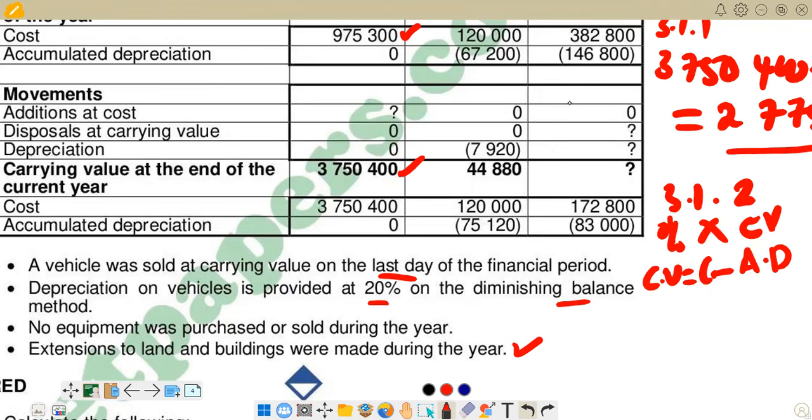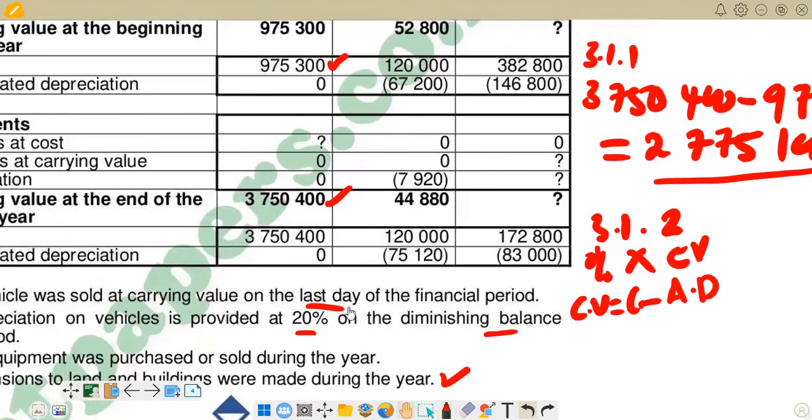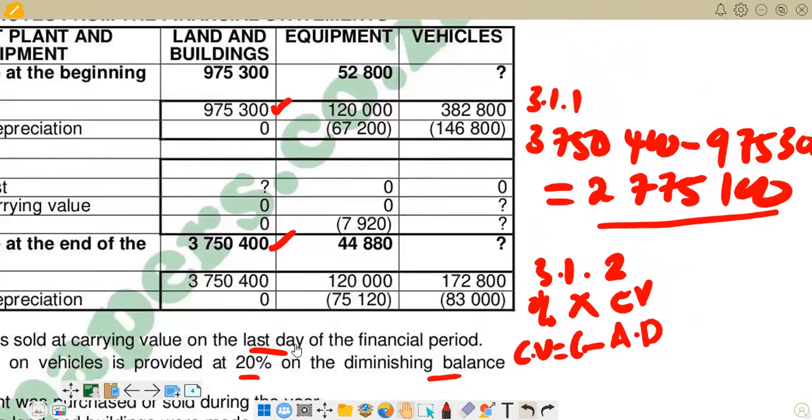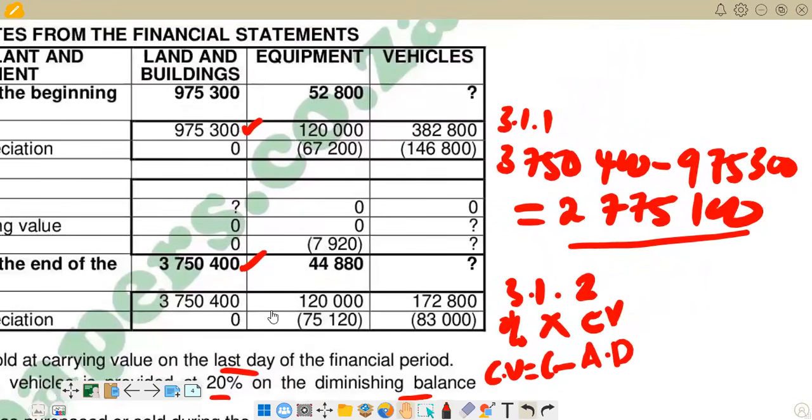So we are just going to use the figures that we are given there at the beginning. Because that non-current asset, the vehicle stayed the whole year, so we can check the figures that we have there in terms of what we are seeing at the beginning for motor vehicles. Vehicles is in the last column, so we can say for the carrying value, the cost there we are given is 382,800.